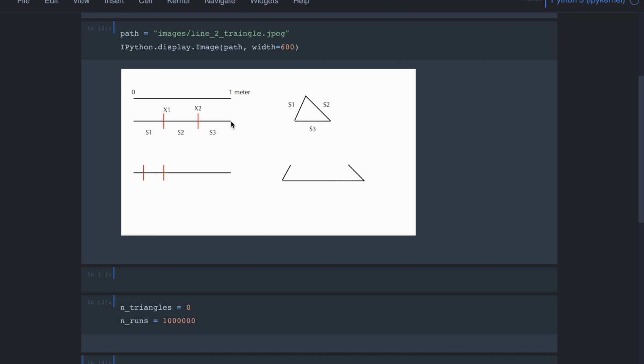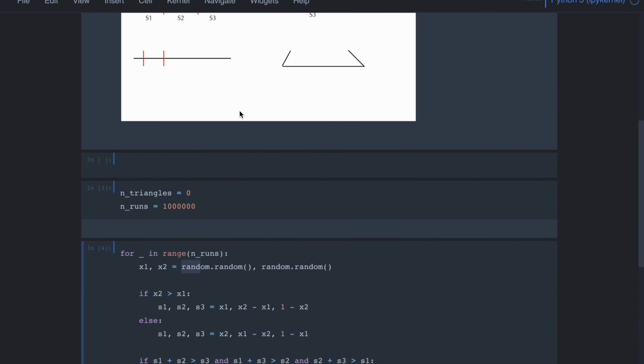Now, the length from 0 to x1 would be x1, so the length of the first segment s1 is equal to x1. The length of the second segment s2 would be x2 minus x1 because x2 is larger. And finally, the length of the third segment would be 1 minus x2, since the endpoint is 1.